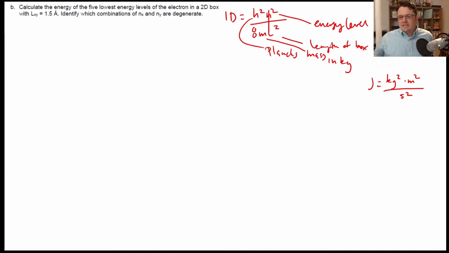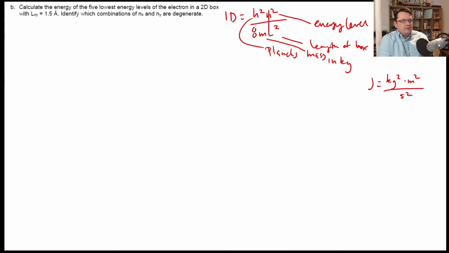But that allows us to cancel things out, which is why the mass is important to include, why the length of the box has to be in meters, and so forth. All of those things help cancel things out and get you to a final value in joules, because h is joule seconds, and things end up canceling out. Cool.